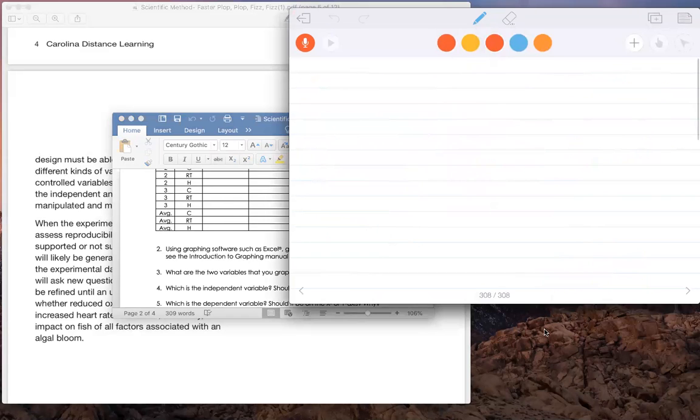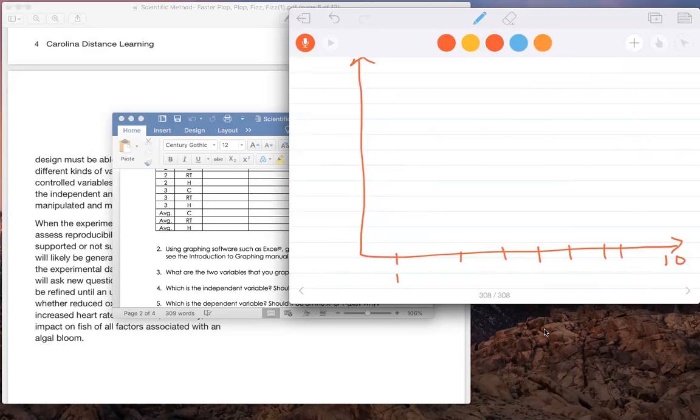If say room temperature is 0, and time runs all the way to whatever, you have to draw to scale. If it is going to 10, it could be 1, 2, 3, 4, 5, 6, 7, 8, 9, 10, one all the way, drawn to scale.